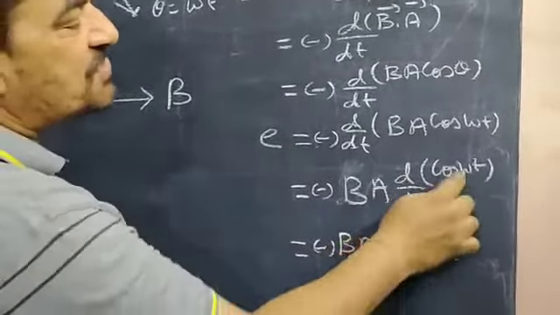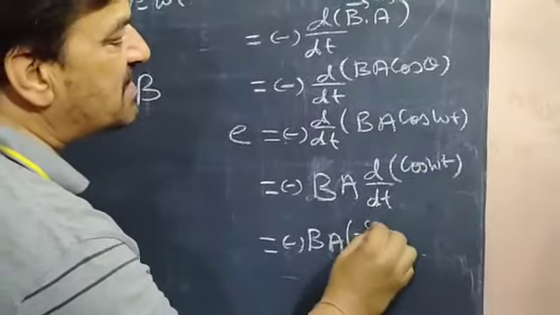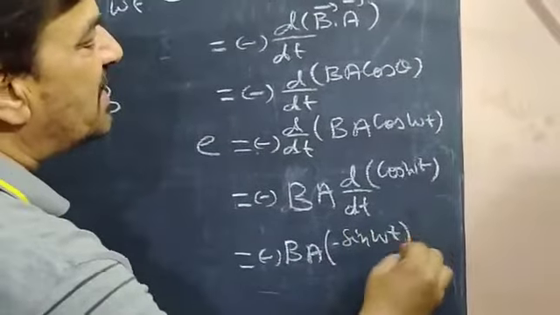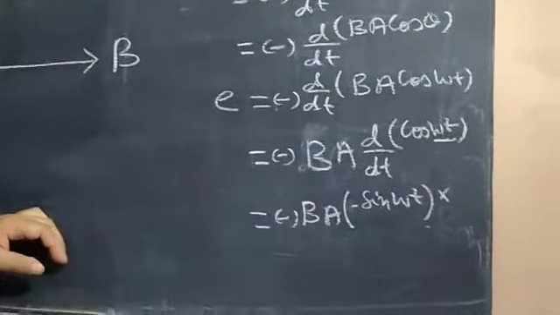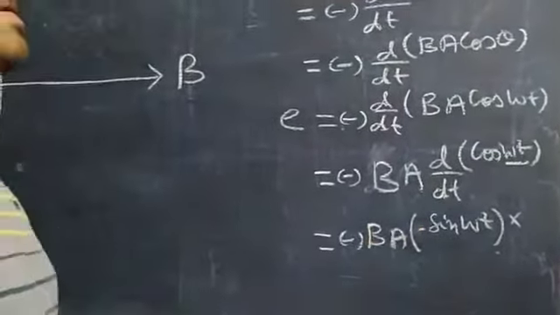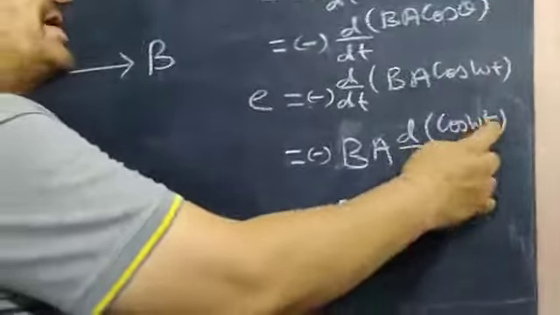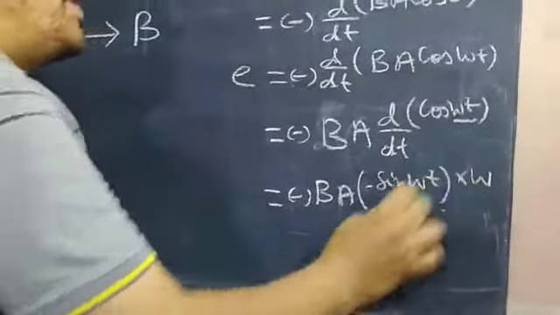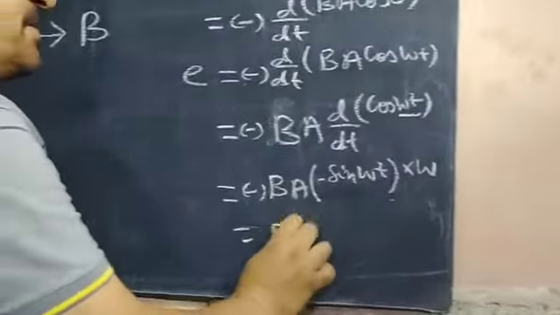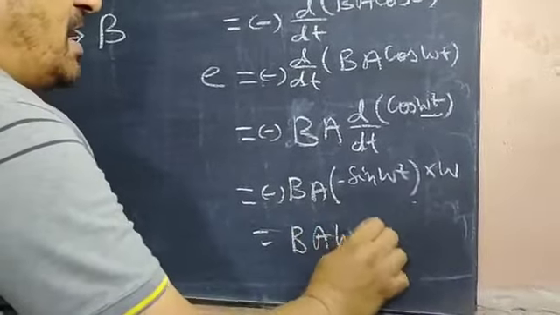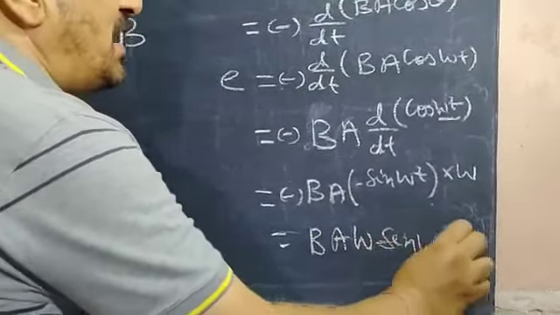The differentiation of cos omega t will be minus sine omega t into the differentiation of omega t with respect to time. The differentiation of omega t is omega, so minus minus plus, we get omega sine omega t.